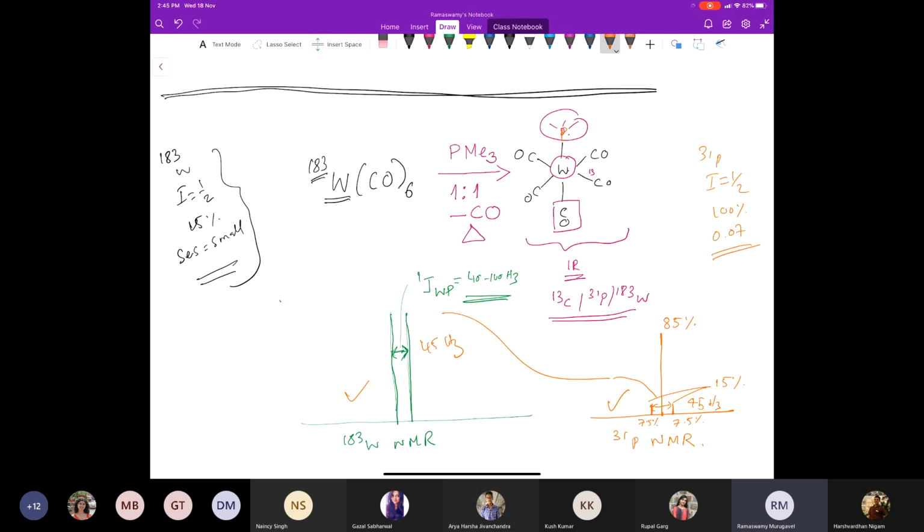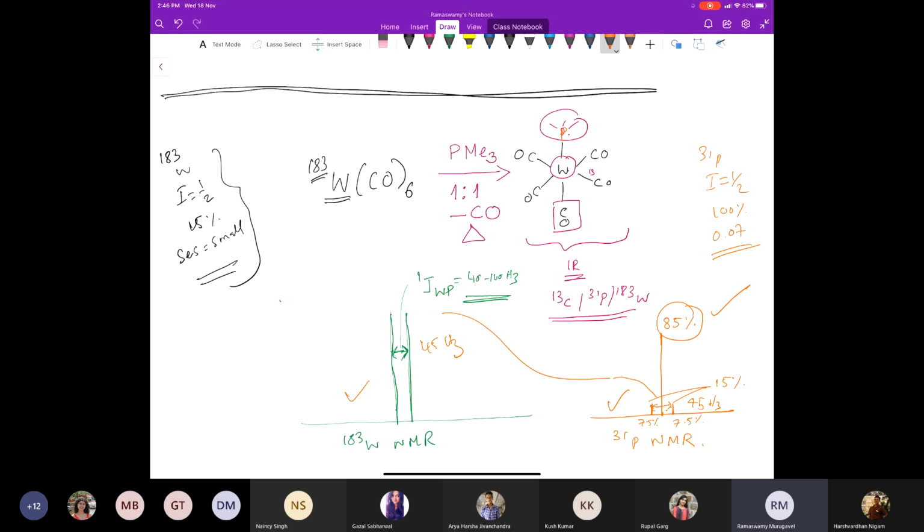But when it comes to phosphorus NMR, there are two different species swimming in the solution. In one species, phosphorus and tungsten both are NMR active, I is equal to half. In the other species, only phosphorus is active. Being the predominant one, the only-phosphorus-active species gives rise to the 85% peak, and the less populated isotopomer, the tungsten 183 containing one, gives rise to a doublet.